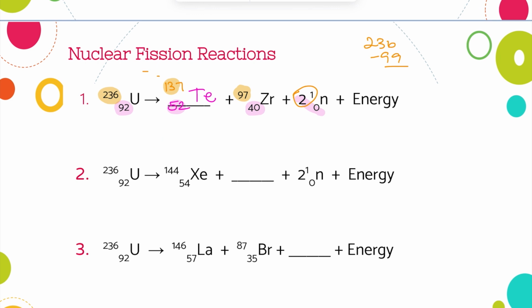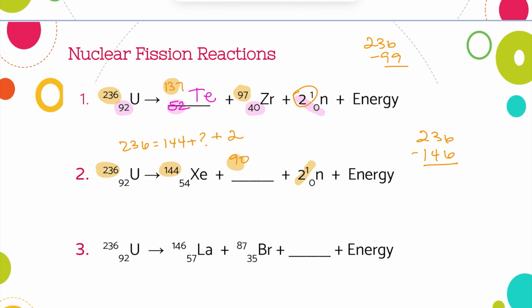Looking at our next one, we've got one element that is breaking into smaller elements, which is the definition of fission. So we've got that 236, 144, and we need to figure out what is missing in this piece with 2 neutrons. So 236 is going to equal 144 plus something plus 2 neutrons. And so we can do 236 minus that 146 to get that this is a 90.